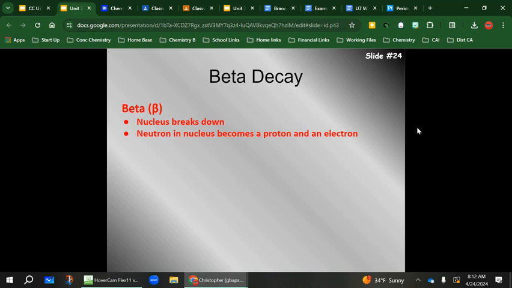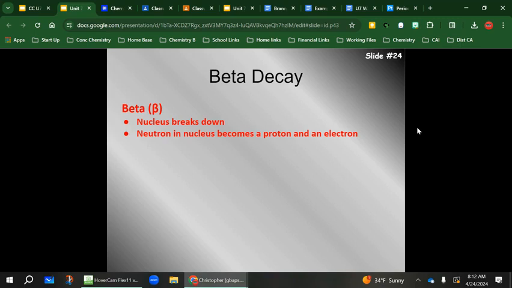This is what leads scientists to believe, ladies and gentlemen, that protons, neutrons, and electrons are not the smallest part of matter. Because if a neutron can break apart into a proton and an electron, that means that there might be other smaller pieces out there still.